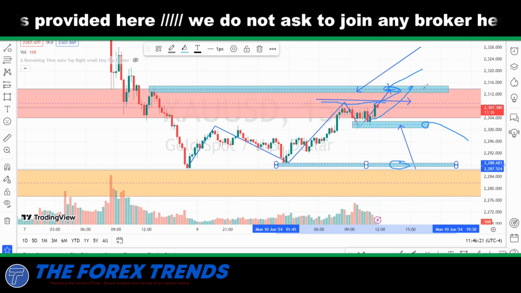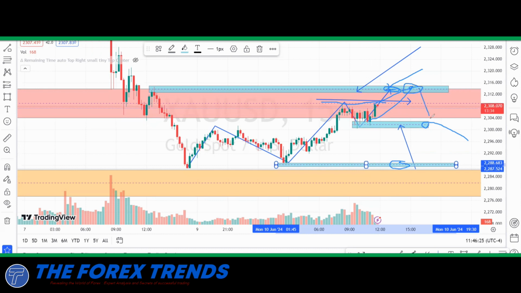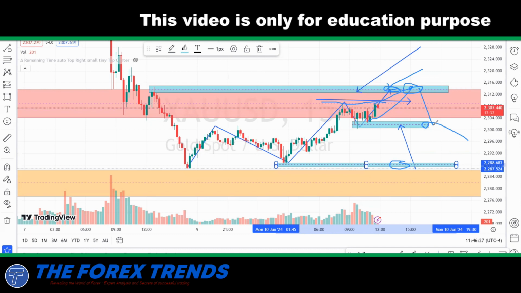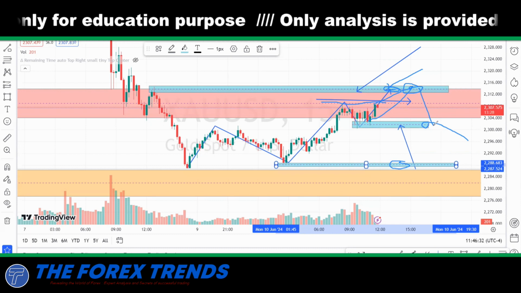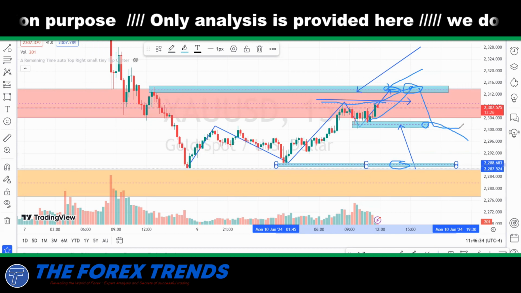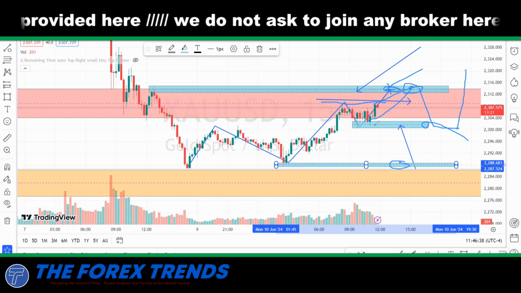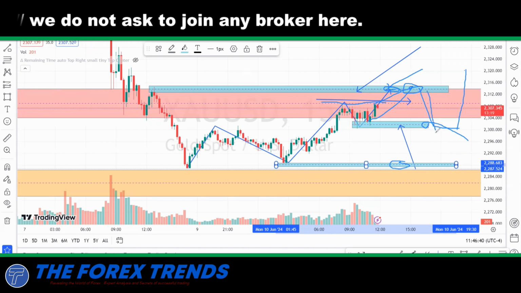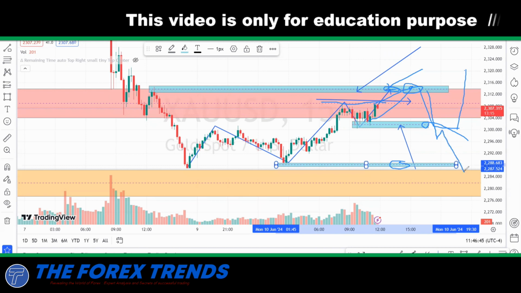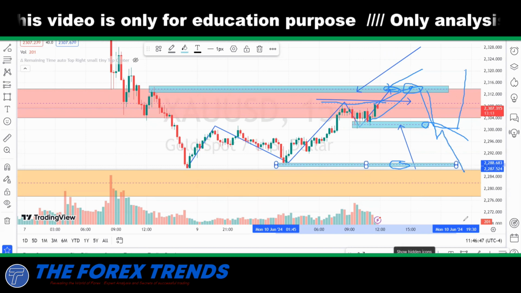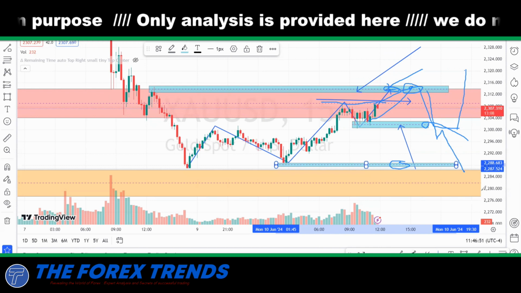If the market creates a new high at this level, we will initiate a sell up to this level, approximately 120 pips. And after getting some evidence, we'll initiate a buy from here for the next high. If the market is able to break this support, we may initiate a buy from here also. Okay, these are all the setups for today and tomorrow.